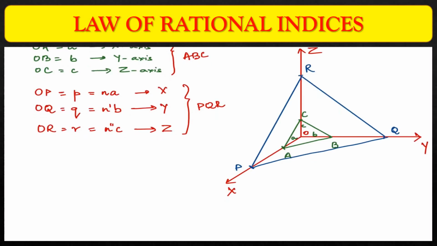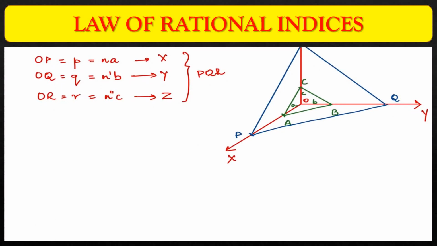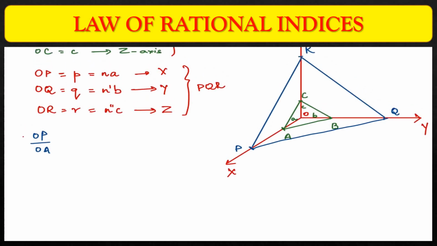Now, the law of rational indices states that the ratio of these intercepts, that is OP by OA, the ratio of the intercept made by the crystal plane PQR to the intercept made by the unit plane ABC along the three axes, may be written as OP by OA is to OQ by OB is to OR by OC, or we may write this as p by A is to q by B is to r by C, and that is equal to the coefficients of the intercepts, that is n, n prime and n double prime.